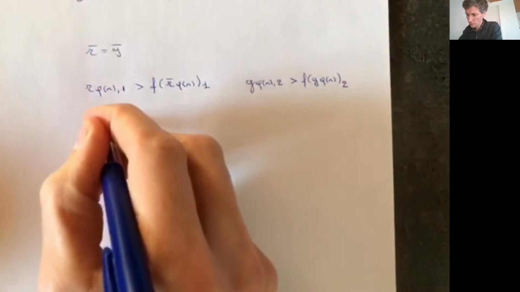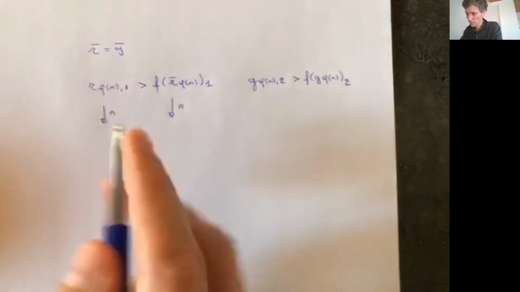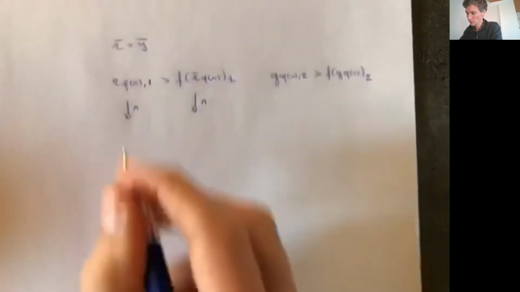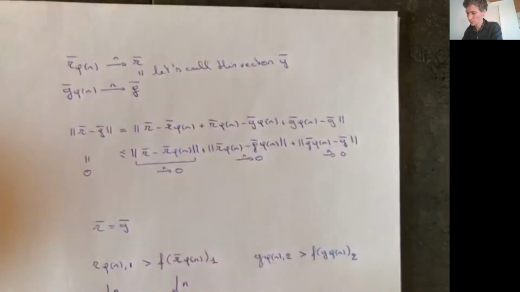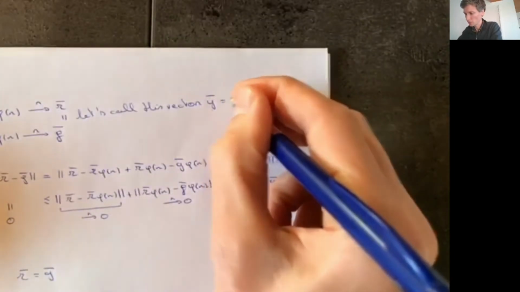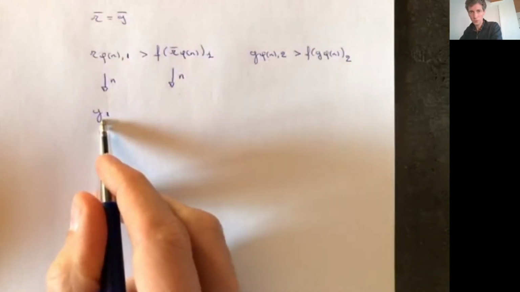So now let's take the limit for n going to infinity. So r phi n converges to y here, so the first component of this vector has to converge to the first component of this vector. Okay, so this vector here is y1, y2. So this converges to y1.